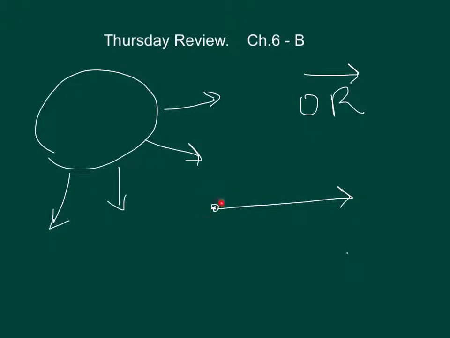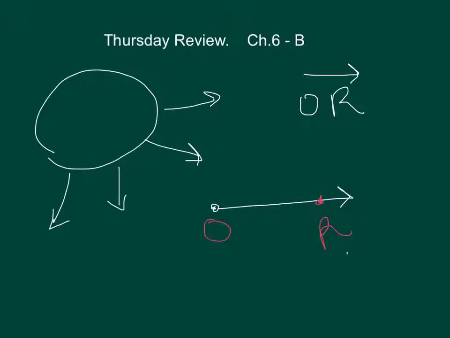So if I have a point here, would this be O or would it be R? It would be O. So we would write O right there. Okay? Then to label R, we would look, R lines up with the arrow side. So your R would be on this side next to the arrow.